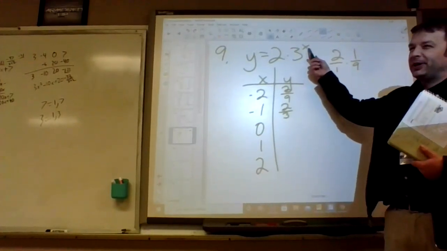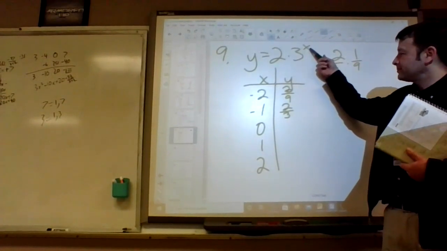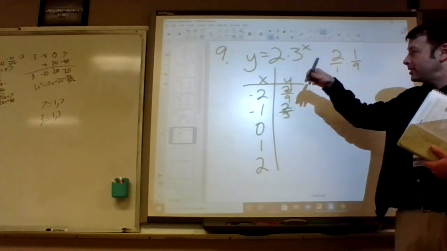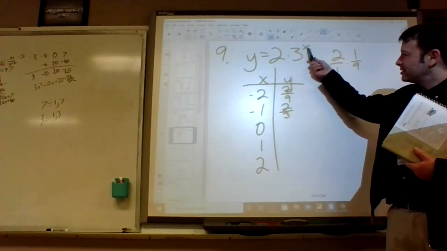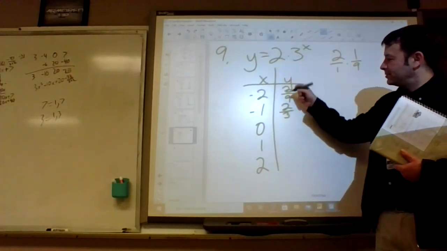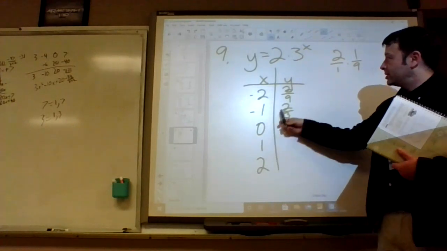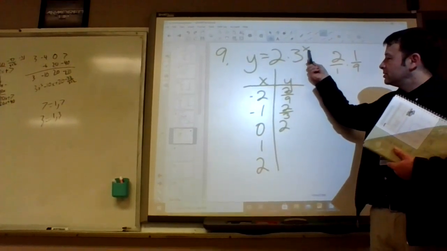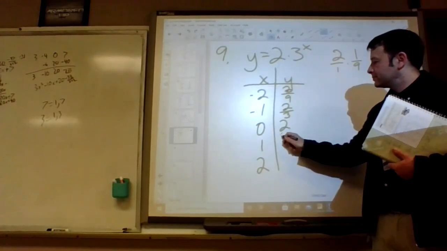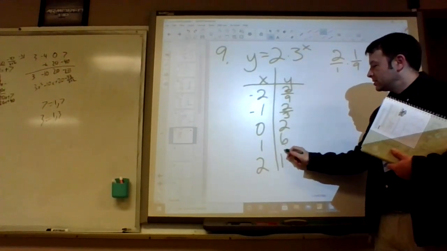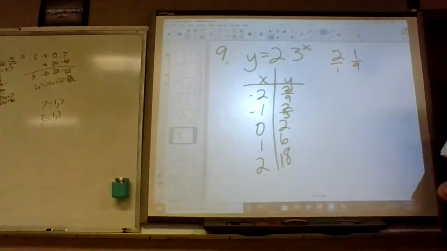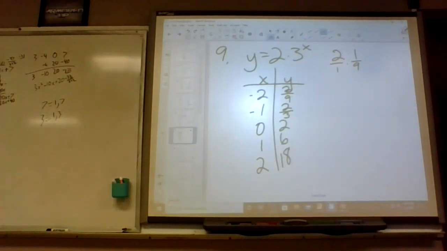So you might want to count by 2s or something, or you can just make a really tall graph. 3 to the 0, 1, times 2. 3 to the 1, 3 times 2, 6. 3 to the 2, 9 times 2, 18. Okay, all those numbers are twice the numbers from number 5.